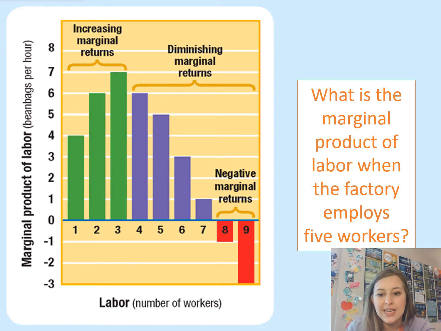And then we can continue to add more laborers, but each person that we add isn't going to give us as much as the previous hire did, right? So we have diminishing marginal returns for workers number 4 through 9. After 7, it's actually a negative investment to hire an 8th or 9th worker because there's not enough for them to do.